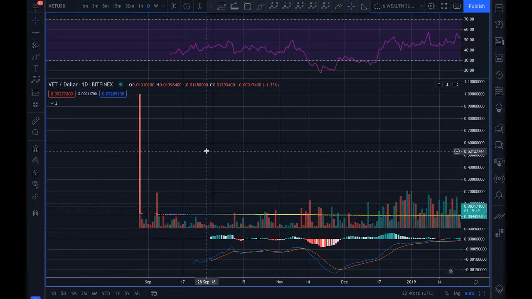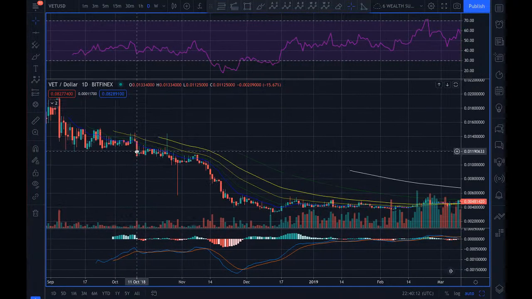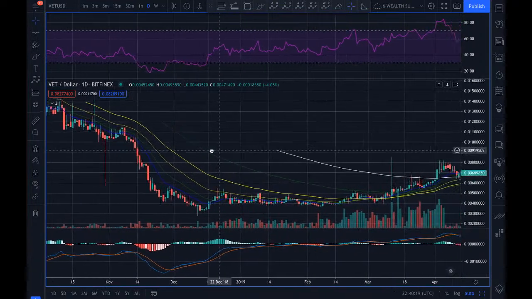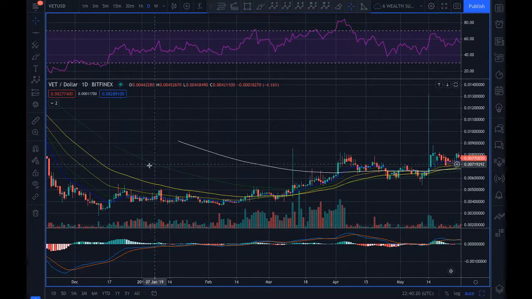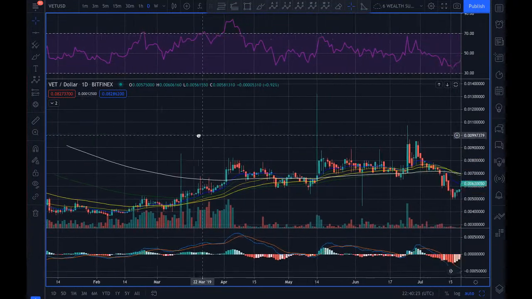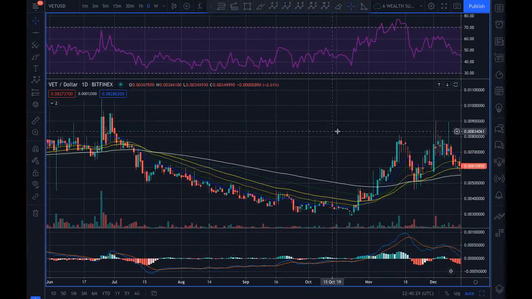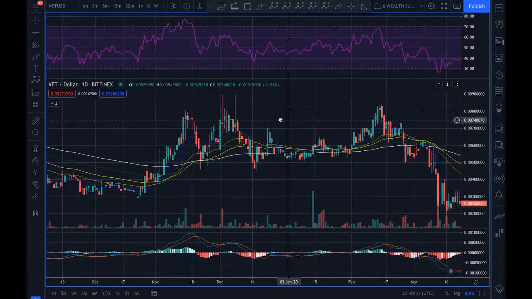Jeez. Quite the dump. And it dumped even more. Okay. Here's the 200 average coming in, and it's above it. Not anymore. Above it. Nope.